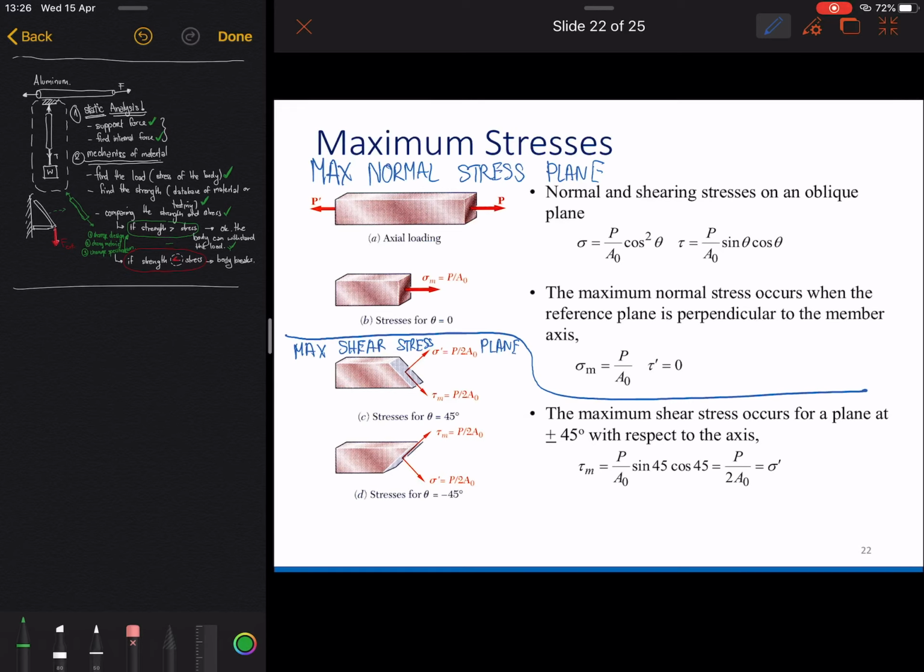Here we have angle equal to 0, but here we have angle equal to 45 or minus 45. Okay?